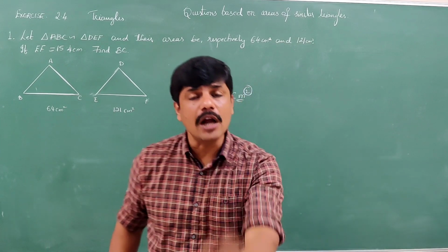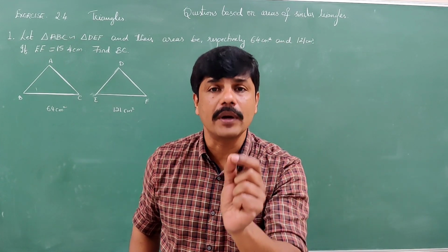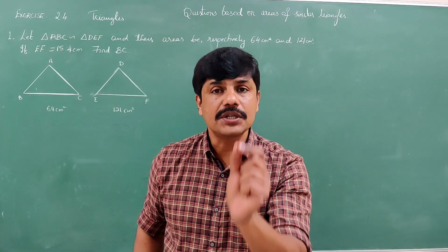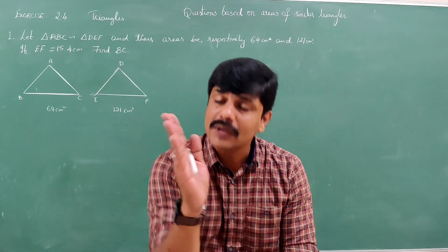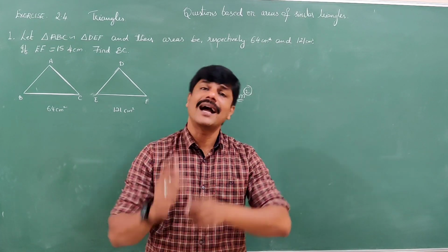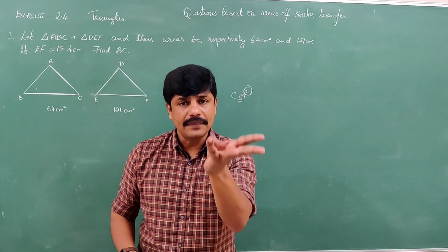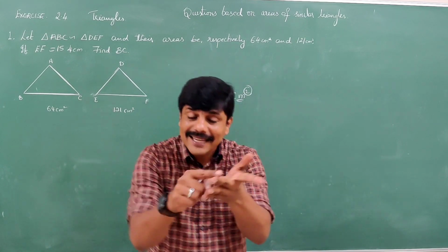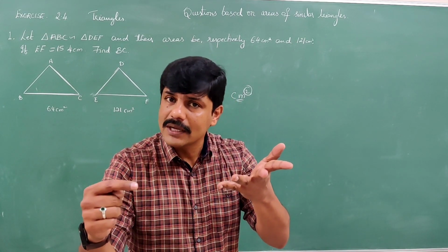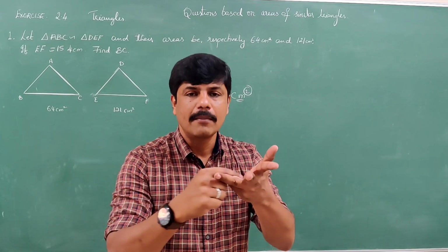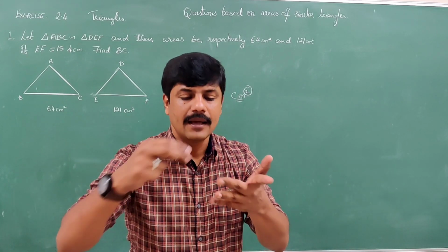If we define volume, we define it in terms of cube. Its unit is cube. Why? Because it is three dimension: length, breadth and height. Three dimensions are there. Length in centimeter or meter, breadth in centimeter or meter, and height.